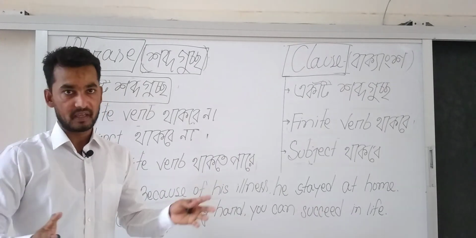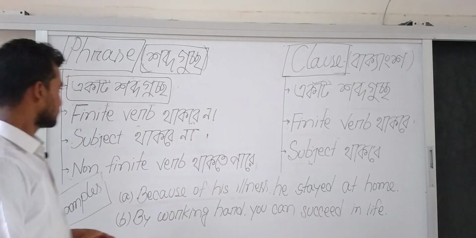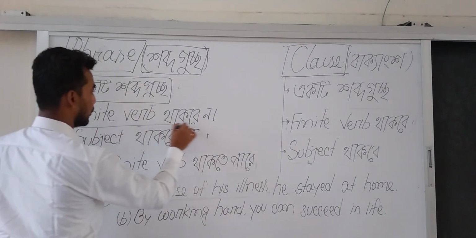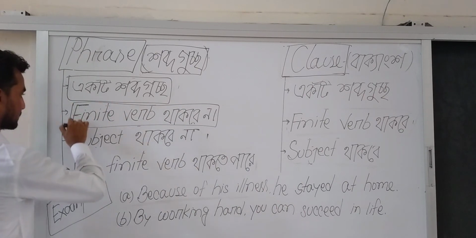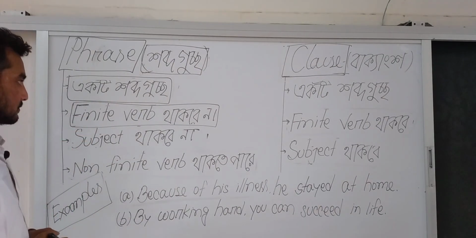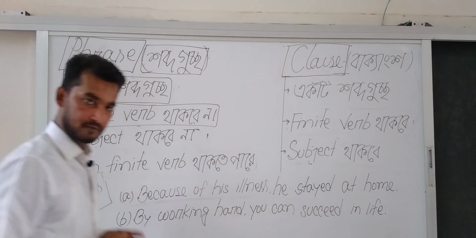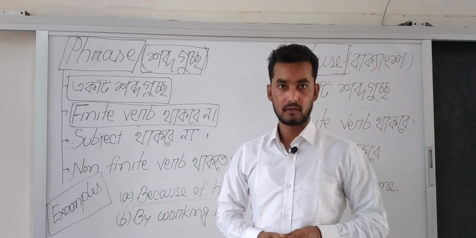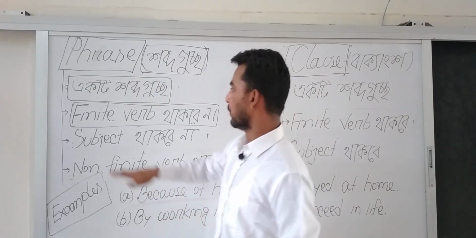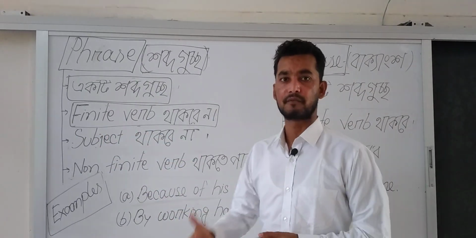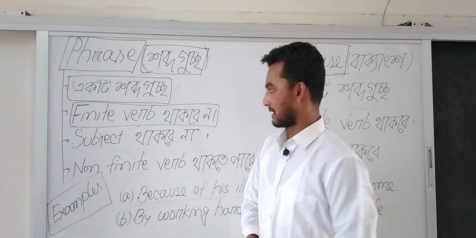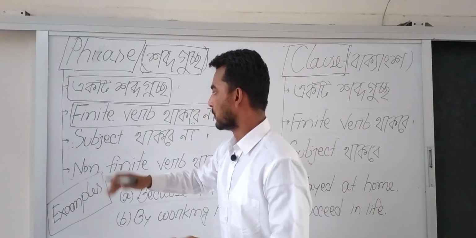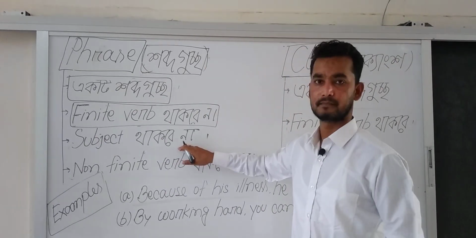And in this group of words, you find no finite verb. A finite verb is absent in a phrase. And that's why you will find no subject also in a phrase.